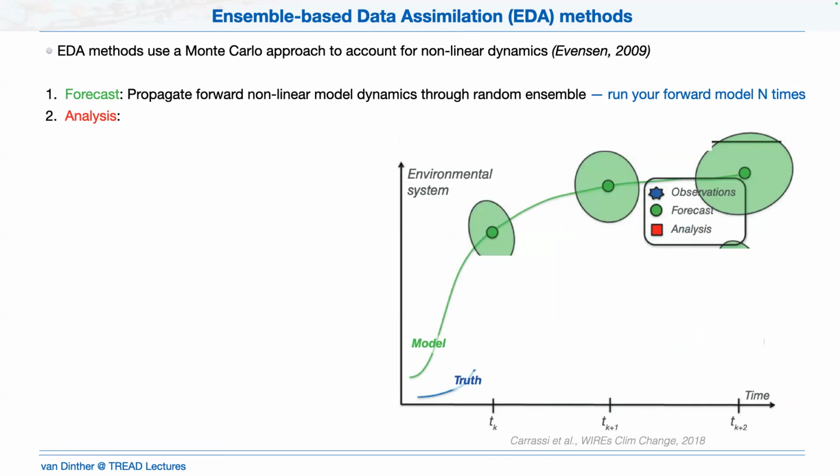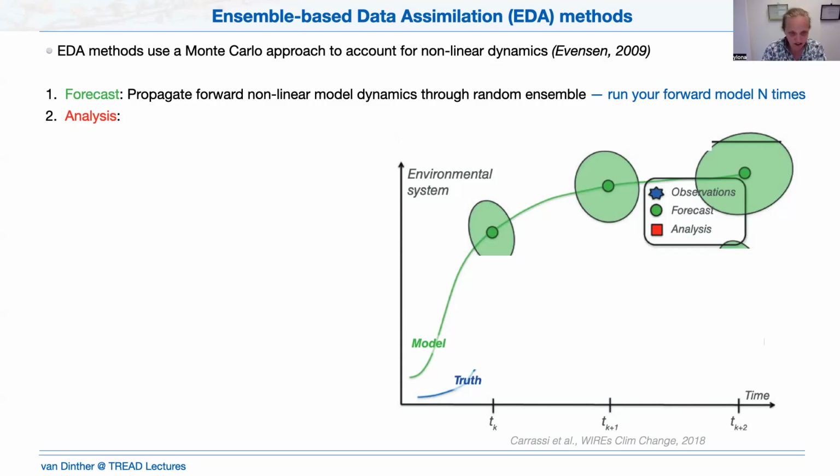If you look at ensemble-based data assimilation methods, in order to account for the nonlinear dynamics in the system we essentially use a Monte Carlo type of approach, in which we have many randomly generated ensemble members that we propagate forward in time. So we have many different forward models propagating in time, and we don't need to worry about solving the nonlinear physics, because the forward model that we already have will do that.